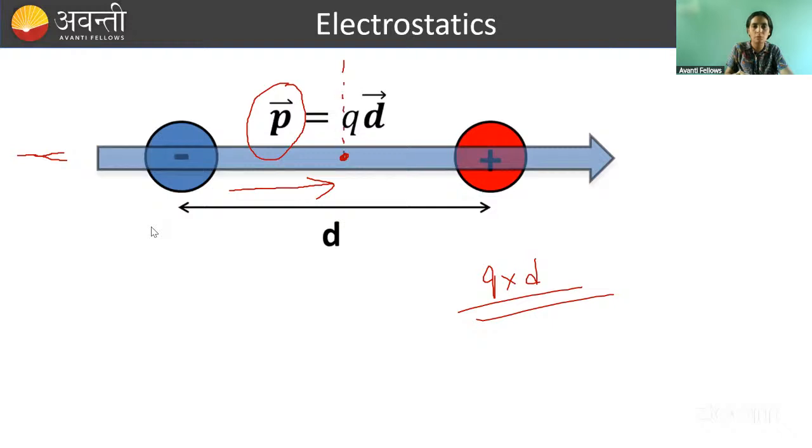Perpendicular line passing through this point is called equator, and the line parallel to the dipole thing is called axis. ठीक है. So when we are going to calculate electric field at a point on the axis, we say we are calculating electric field on end-on position, and when we take any point P on this particular line, equatorial line, then we say we are calculating electric field at a broad-on position.